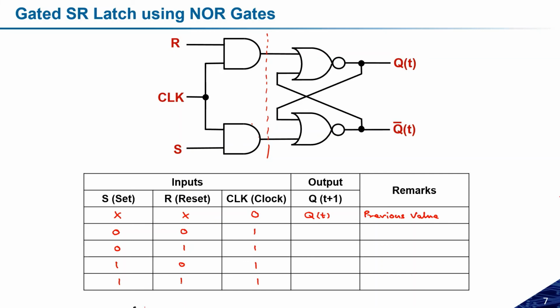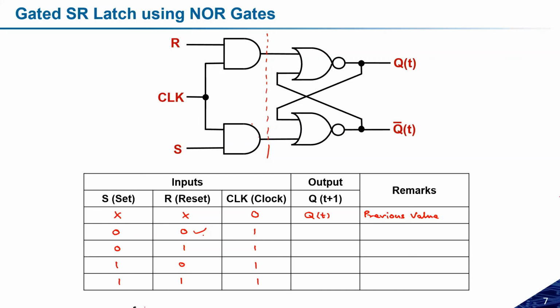If clock is equal to 1, then 00, and we know that 00 simply indicates the, like if it is 00, then what will the output? Can anyone tell me? 00, what does it mean?